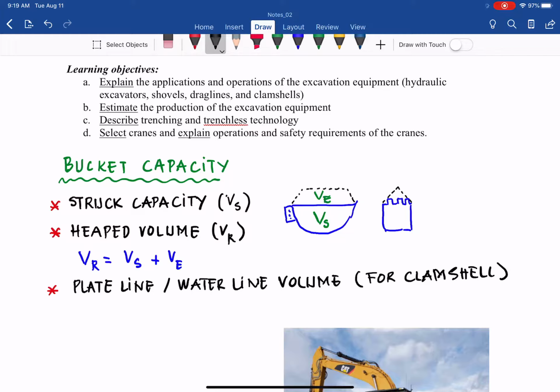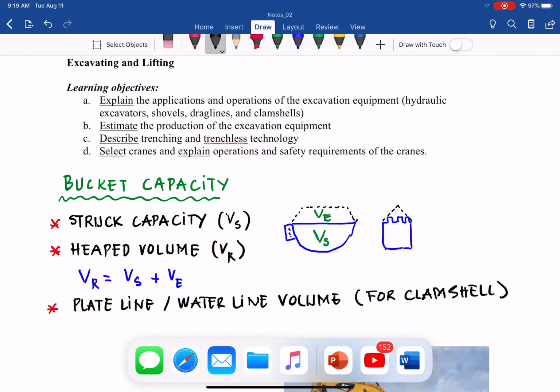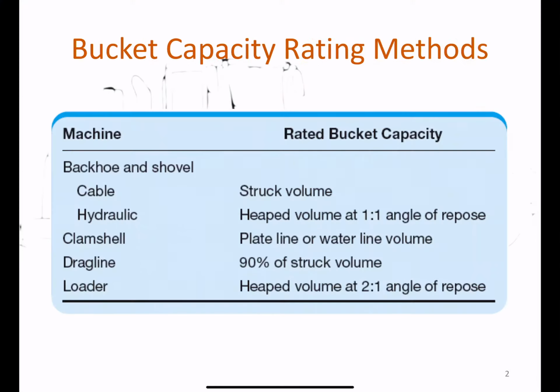To estimate the bucket capacity, there are a few ways that you have, depending on the type of excavation equipment. So let me go to the slide to show you a few. In terms of the bucket capacity rating method, as you can see here, it depends on the machine, like I say, if it's backhoe or shovel, that we are going to talk about next.